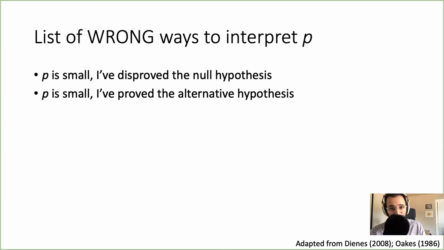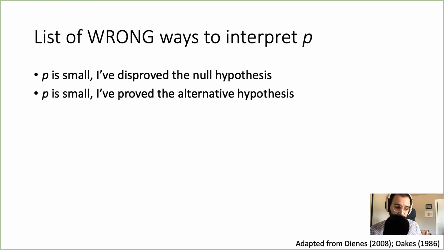Even less true, somehow. When P is small, remember you have evidence that the data that you got are so extreme that they would be really, really rare if the null hypothesis were actually true. You don't know whether it is or isn't. You have nothing to say about whether the alternative hypothesis is or isn't true.